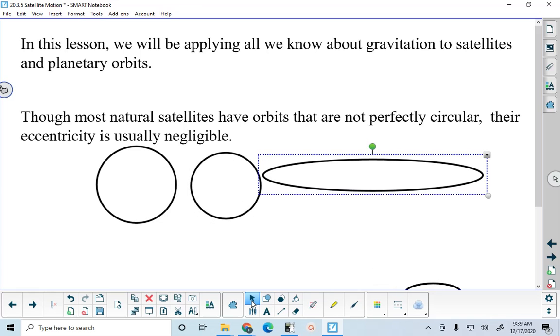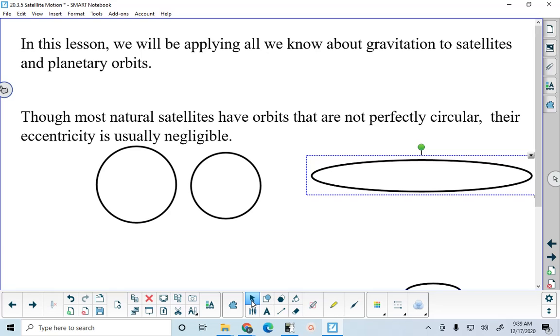I don't know if you can tell by looking at it, but that thing is a little bit flatter than it is wide across. We would say that the eccentricity of that circle is very small. It's negligible. So we could treat it as being a circle. And we'll talk more about ellipses in just a minute.